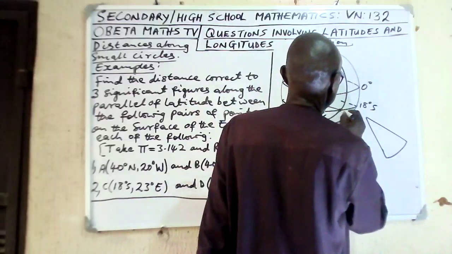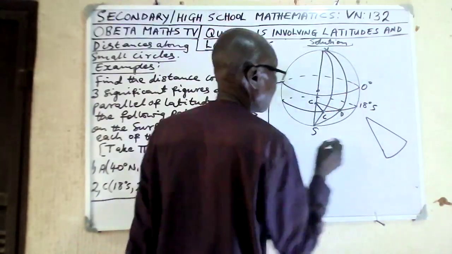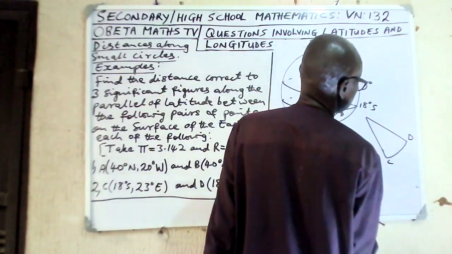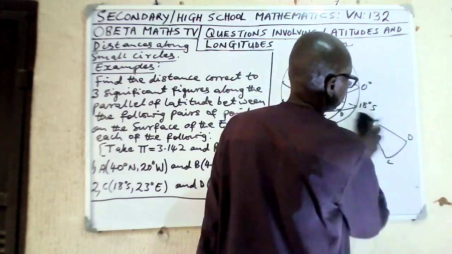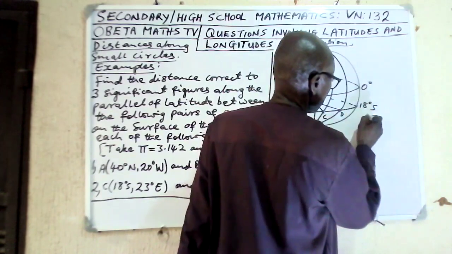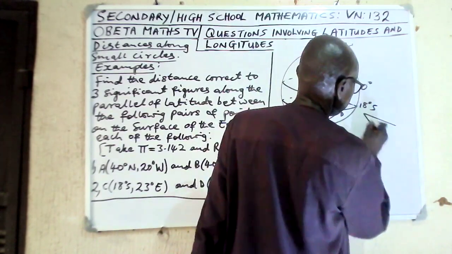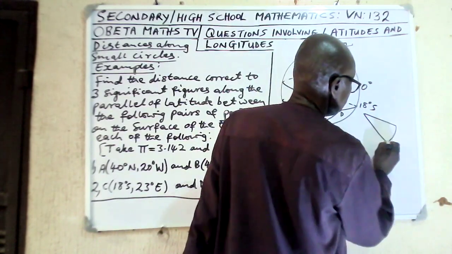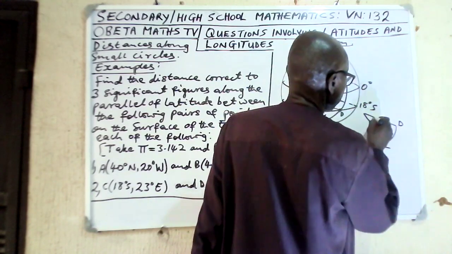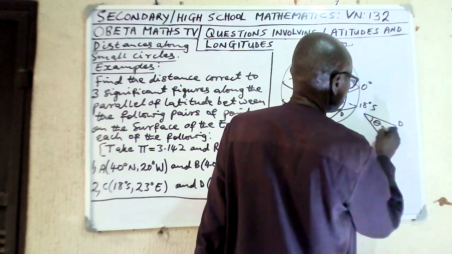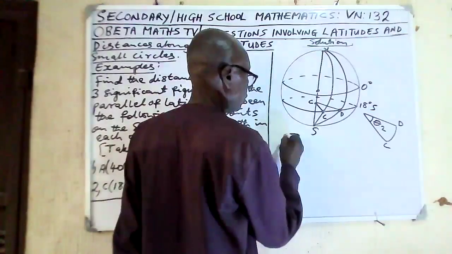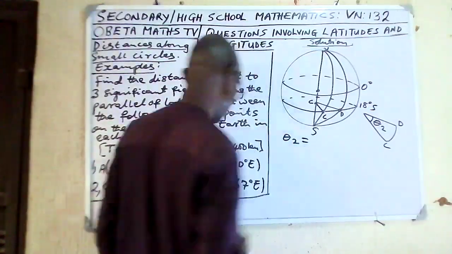And this is our D. This is our C. I mean, we have something like this. D, C. Then let's call this theta 2.